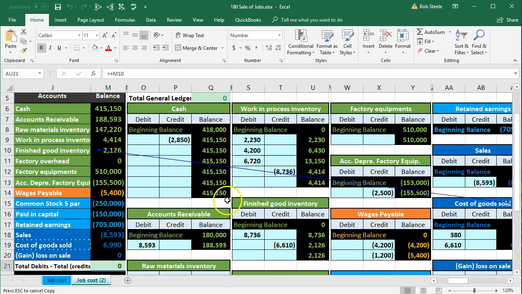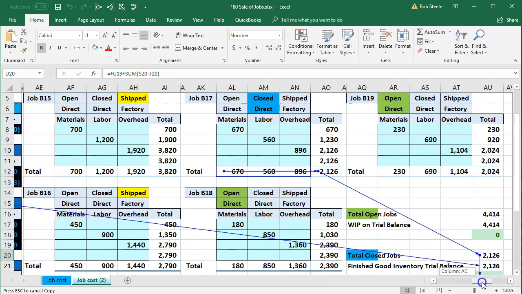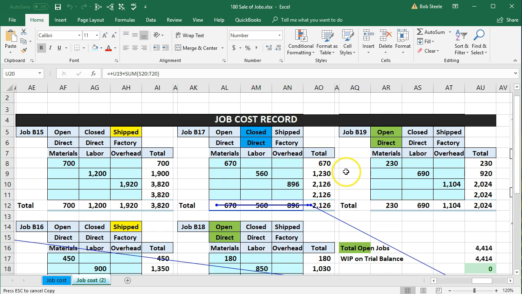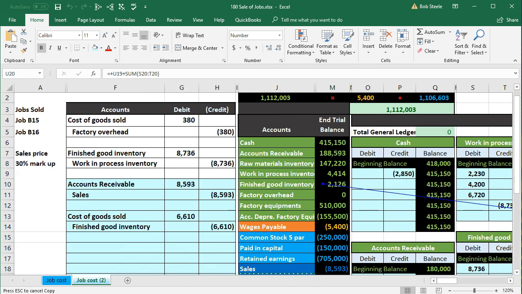So here's the GL, and that GL account is supported not only by the trial balance, but also by the jobs here, and that's the one that hasn't been shipped. And then these two are shipped, and they're basically gone to the temporary account. They're now on the income statement in the form of cost of goods sold.